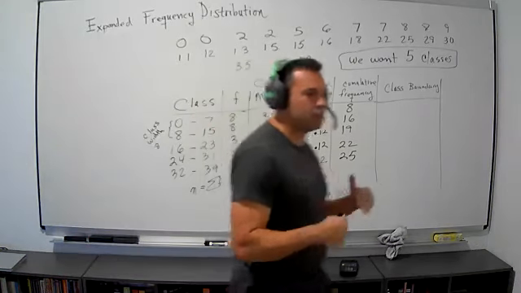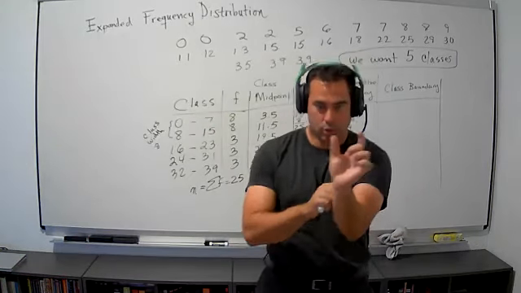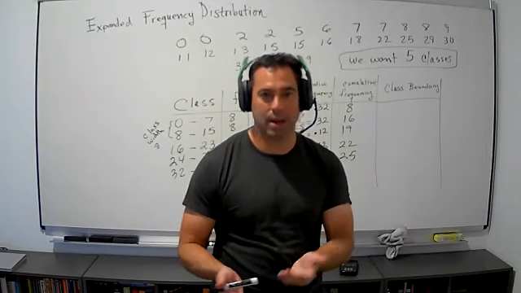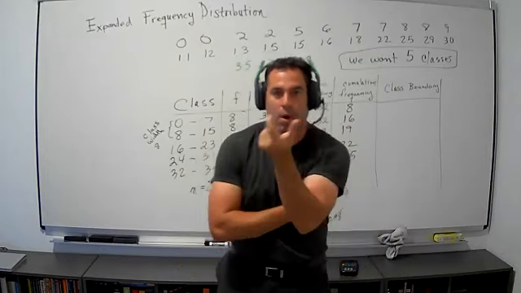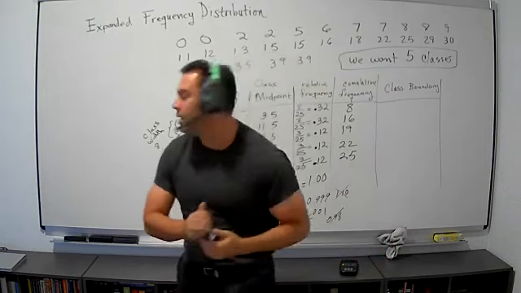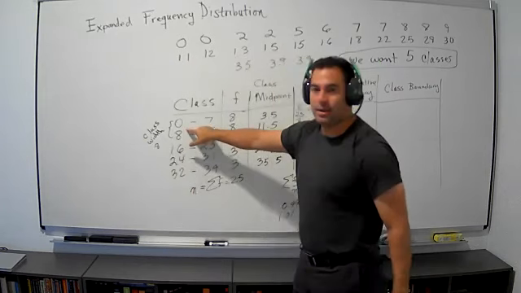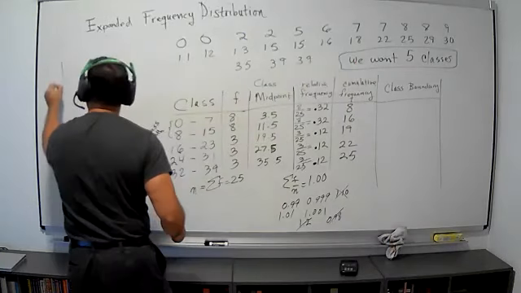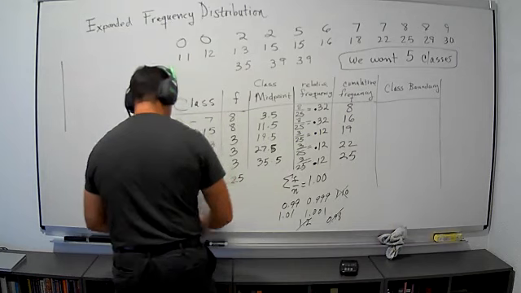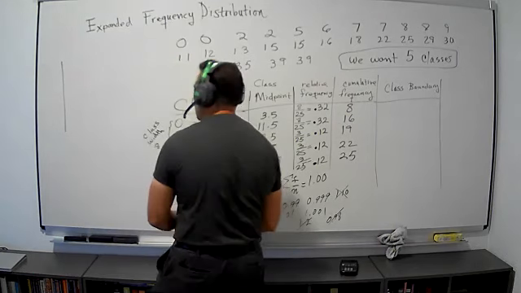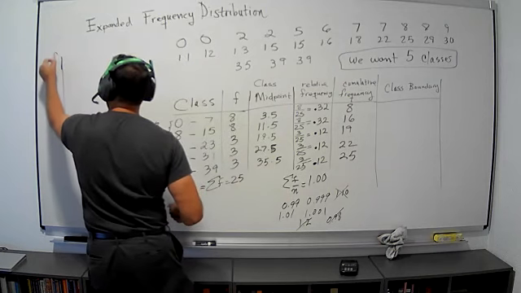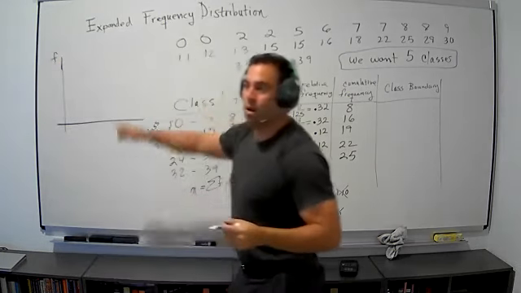For the purposes of this book, they want to destroy that gap so we can eventually create a histogram. And in a histogram, the bars have to touch. But if we use these classes, the bars won't touch. So for example, here we have a table. We have frequency on the vertical axis.